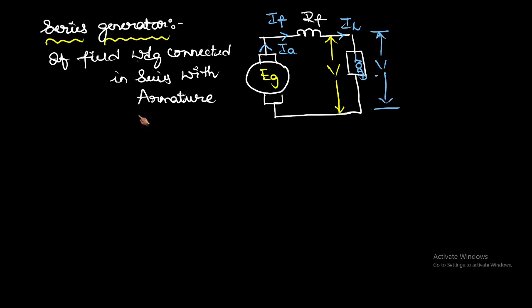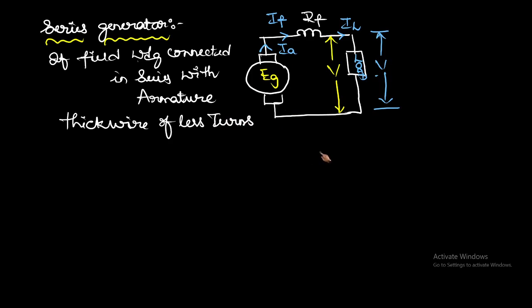If you observe the field winding of this series generator, it has thick wire of less turns. Why?